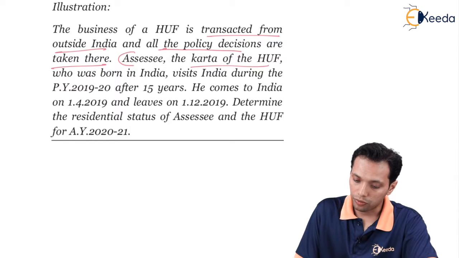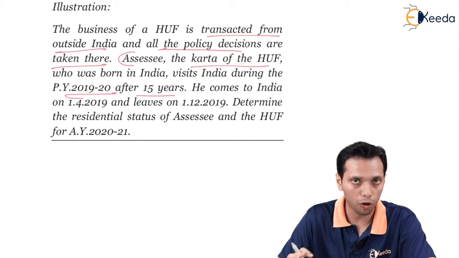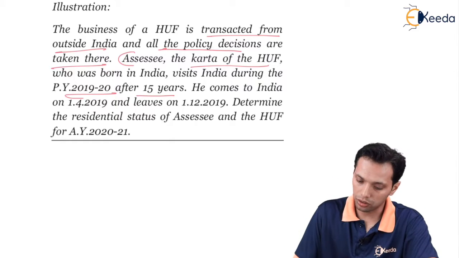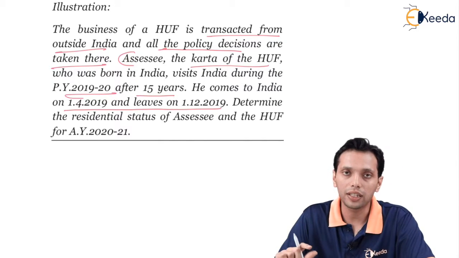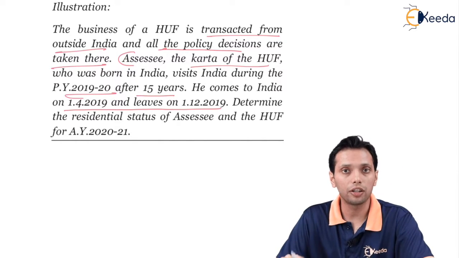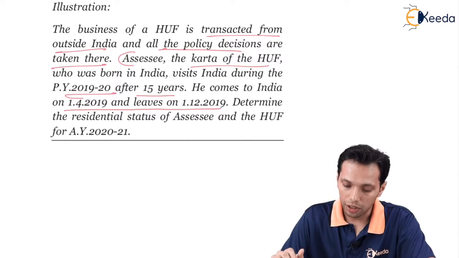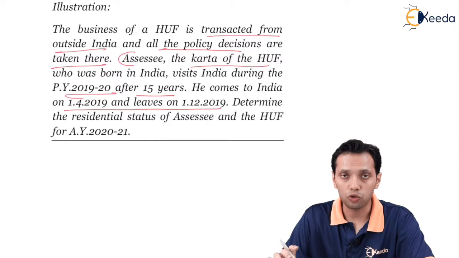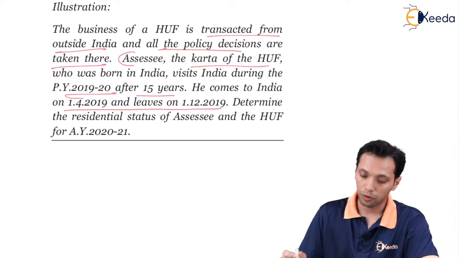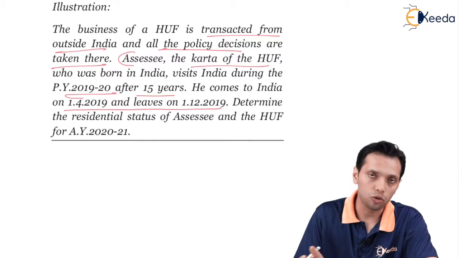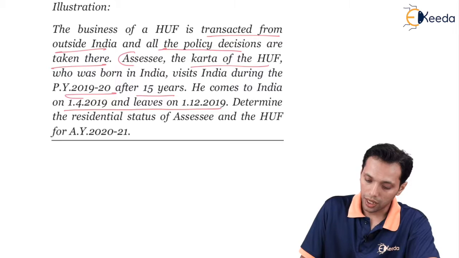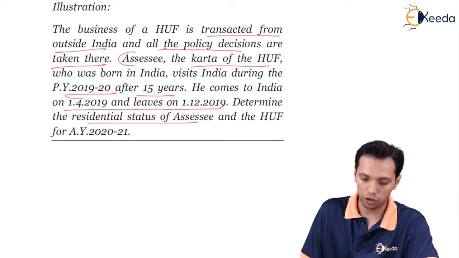The Karta of the HUF, who was born in India, an Indian citizen, visits India during 2019-20 after 15 years, so there is no background of past years for 10 years or 7 years. He comes to India on 1st of April and leaves in December 2019. So he was in India for about 8 months, up till 30th of November effectively, almost 245 to 250 days in the previous year 2019-20, with no previous year background up till 15 years. Determine the residential status of the Karta and the HUF.